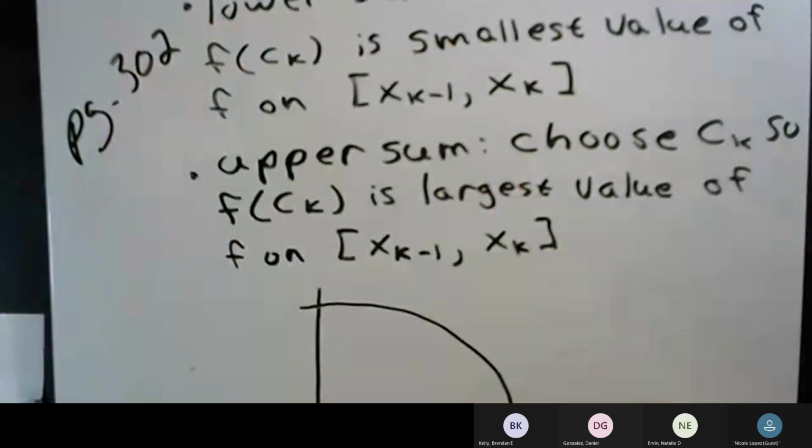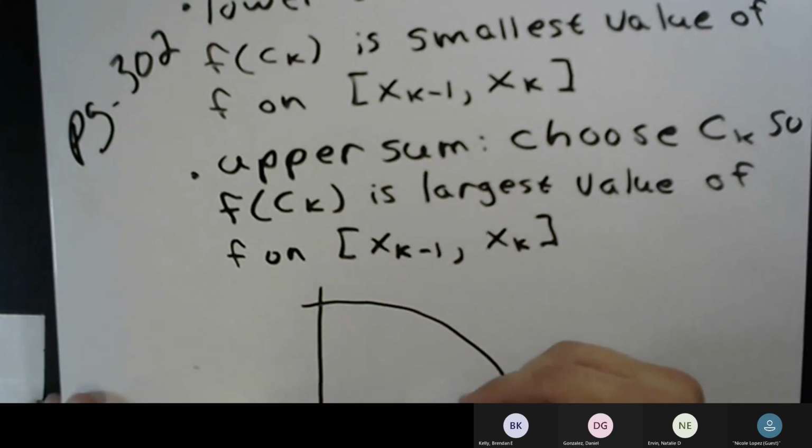For the sake of time, I'm going to skip it, but it goes over when a function is not going to be integrable, where you're not able to come up with an integral for this definition.